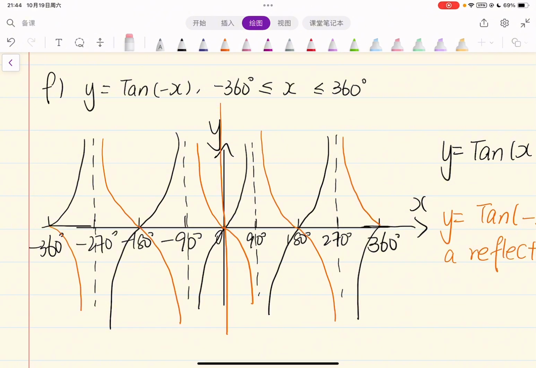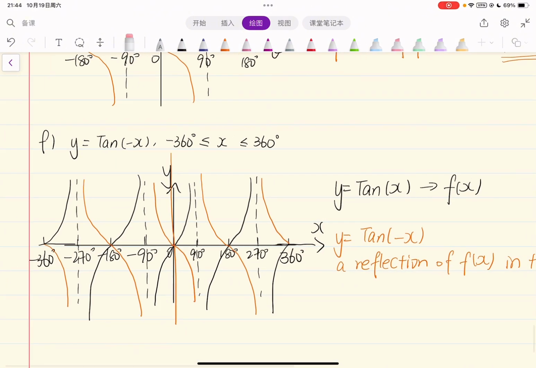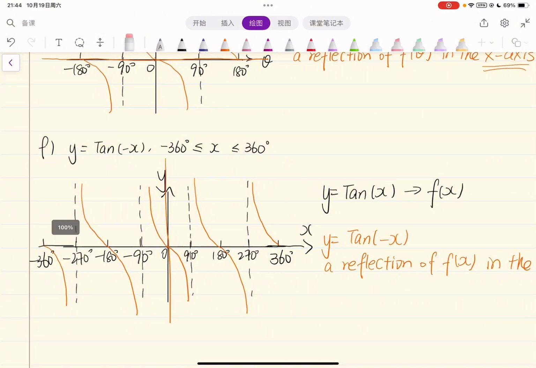This, the orange part, is y equals tangent of negative x. Now let me erase the black one to see it clearly. So the orange one is y equals tangent of negative x.